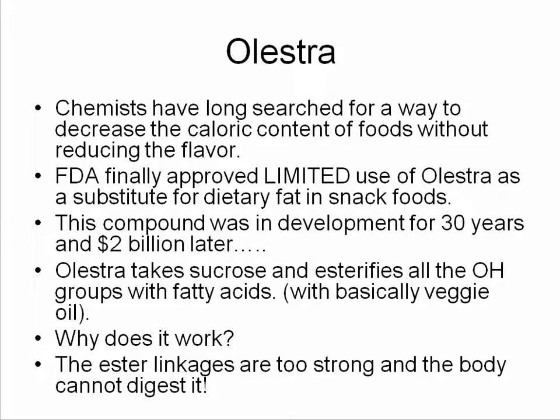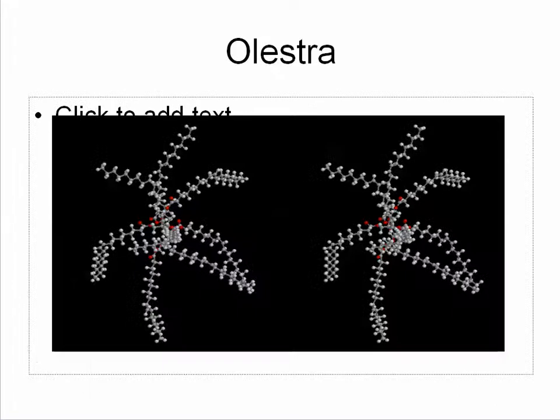So this was wonderful news for Olestra candidates back in the day, because now we could eat something. It tasted like fat, it looked like fat, it felt like fat, and by the time that you ate it and put it in your tummy, your body didn't do anything with it, and it just passed on through. It did not get metabolized at all. So it's all due to those ester linkages.